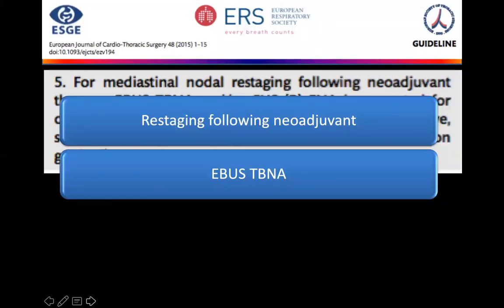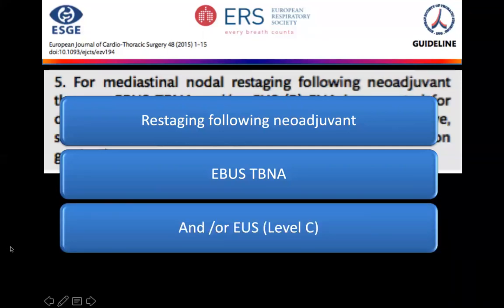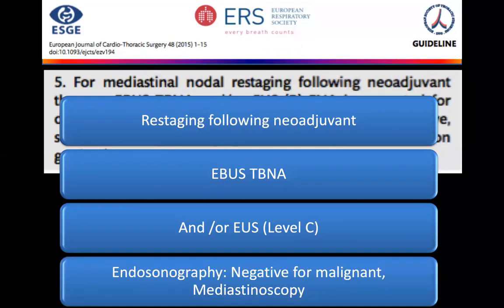So when you're restaging, it's better to restage with an EBUS TBNA and or EUS. Okay, so that's not a problem. You can add an EUS if the node is in 5 or 6, then you can add an EUS to the EBUS as well. But if it is negative, then mediastinoscopy is recommended.